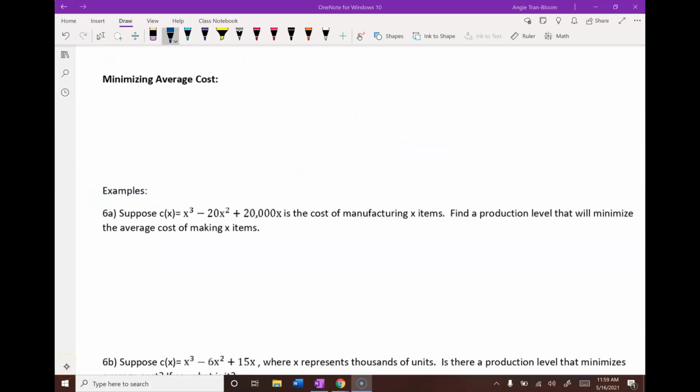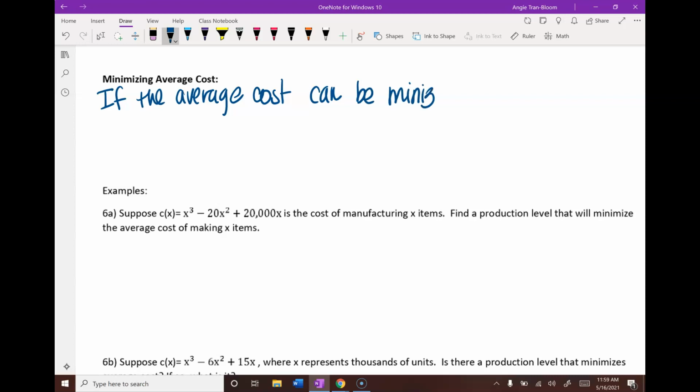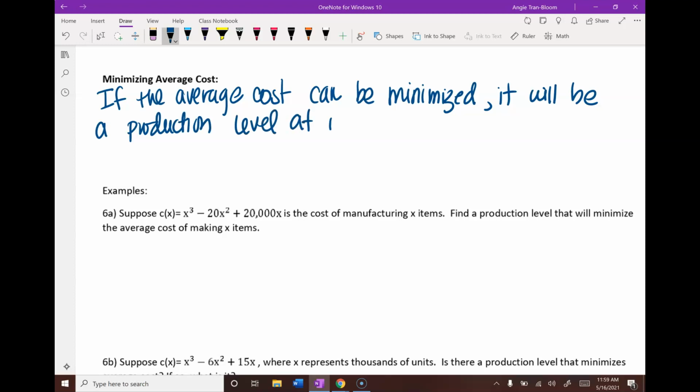All right, definition for minimizing average cost. If the average cost can be minimized, it will be at a production level at which the marginal cost has to be exactly the same as the average cost.